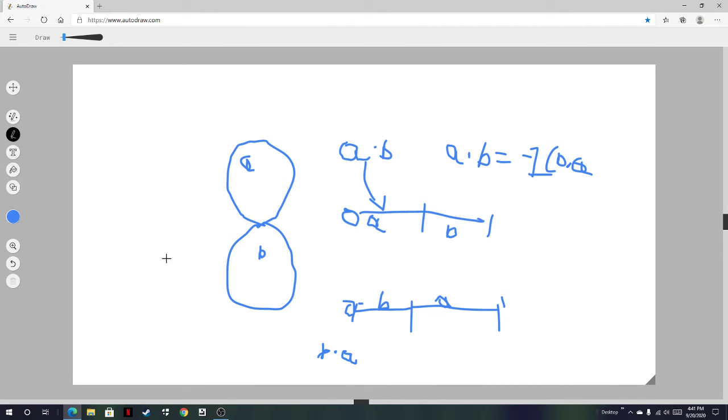So we can say this is A times B, this is B times A, and that line, if you were to smoothly transform this one into this one, is called a homotopy. Homotopies are very important in math, but for now, this line is a homotopy between A times B and B times A.